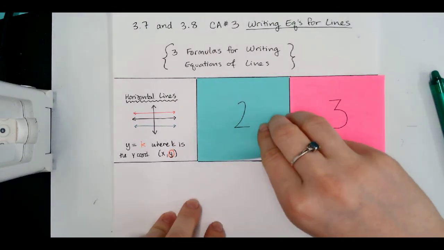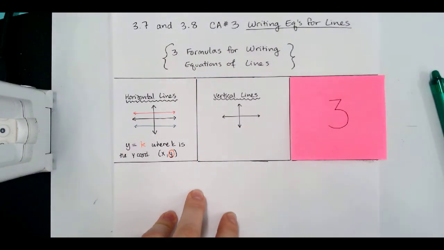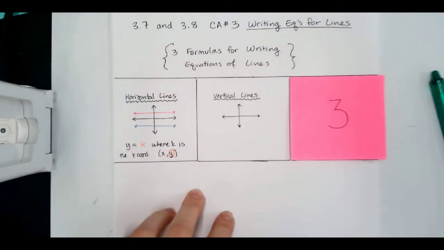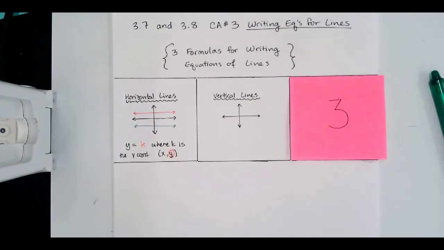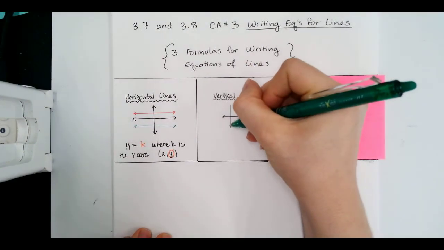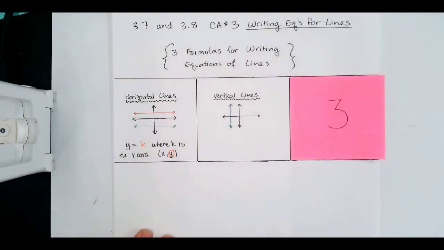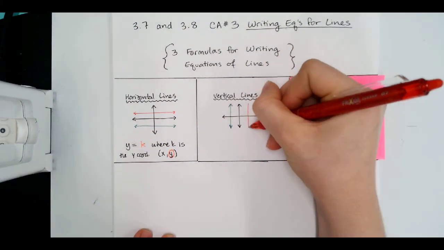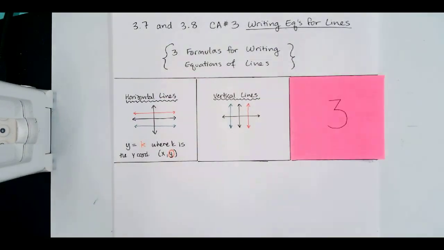What's the second kind of line? Vertical lines. So vertical lines, what's an example? Here's 2 examples. A vertical line in green, and another vertical line could be anywhere. Pretty much they can be anywhere as long as they are vertical.